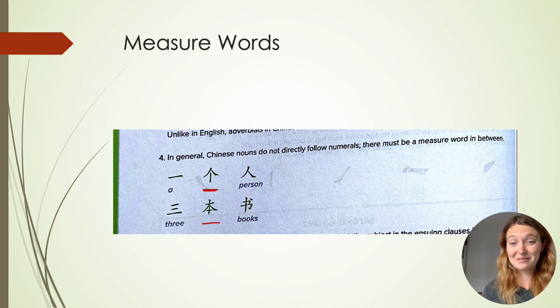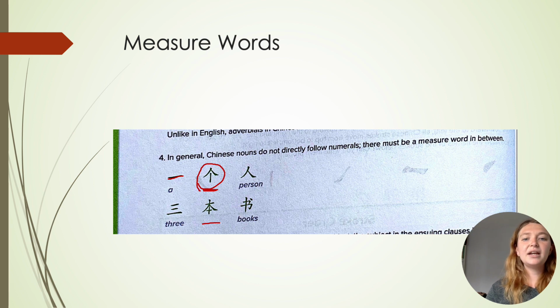It just measures what the thing is. And there are many, many measure words in Chinese. You don't need to know them all, and actually this one, this lovely one, 个, is going to be your friend, because in general, you can use 个 for anything and be understood. So, 一个人 is, well, this literally means one, but a person, 一个人. This one, 三本书, 3 books.